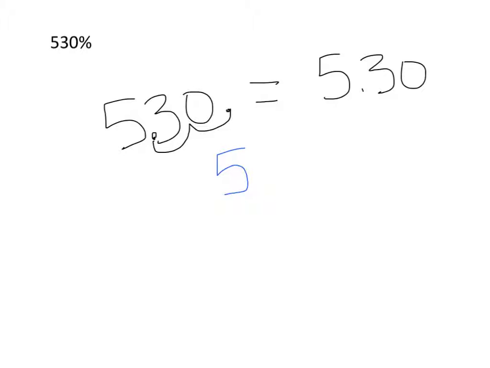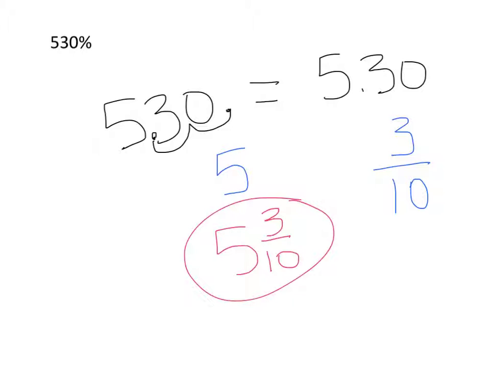I have 3 in the tenths spot, so I have 3/10. Looking at 3/10, I don't think I can simplify it anymore. So my answer will be 5 and 3/10. So as 530% in a decimal, I get 5.3, and as a fraction or mixed number, I get 5 and 3/10.